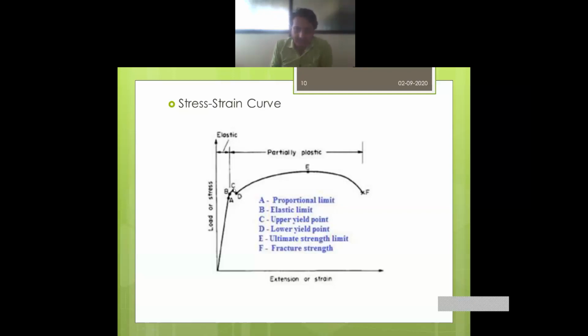In this graph, you can see upper yield point C and lower yield point D, but practically these two points are very, very small and are considered coincident. But for graphical representation, there is an upper yield point and a lower yield point.